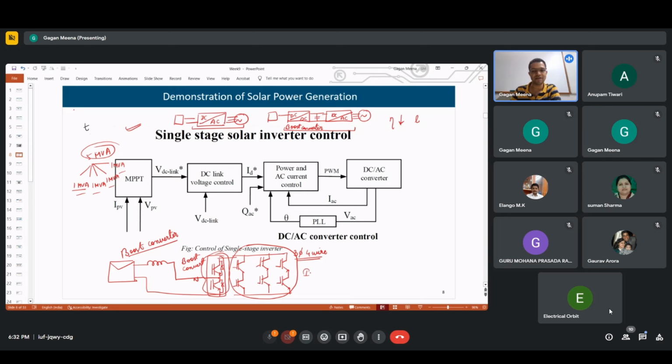If it is super synchronous, both will feed power. If it is synchronous, the rotor will not consume any power from the grid, and only the stator will provide. That is why these converters are bidirectional.